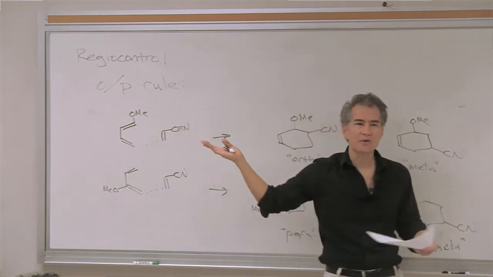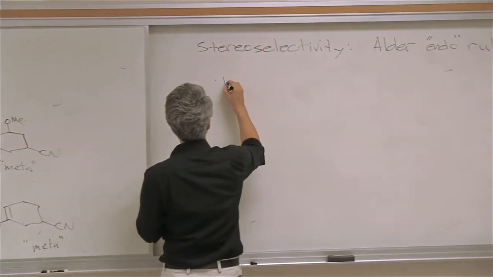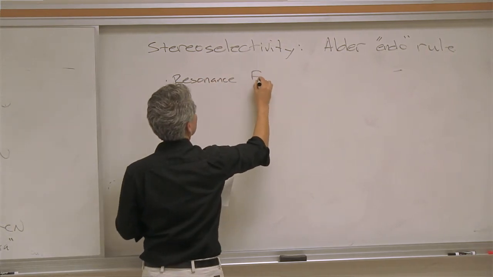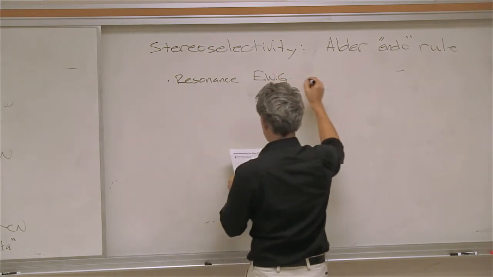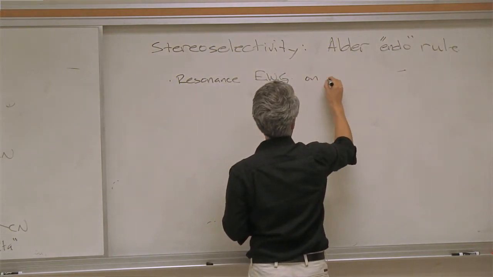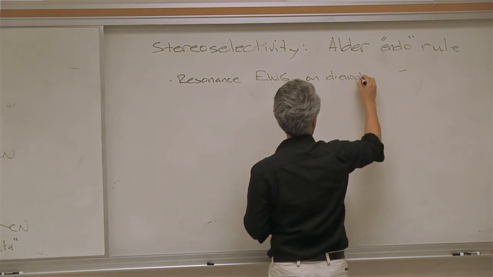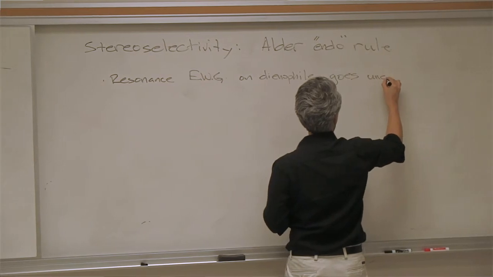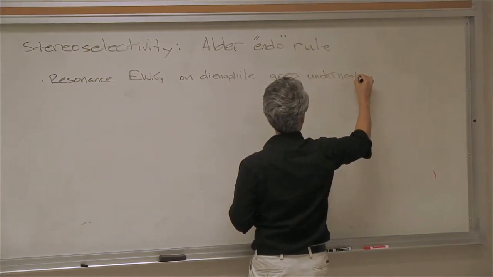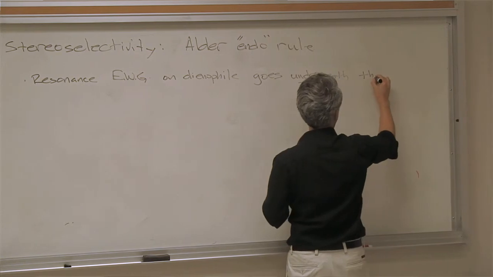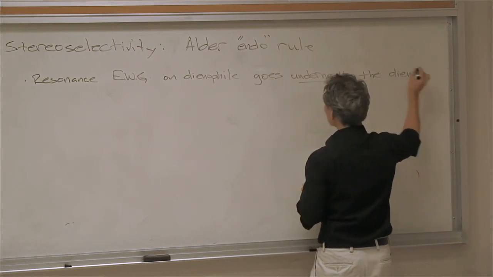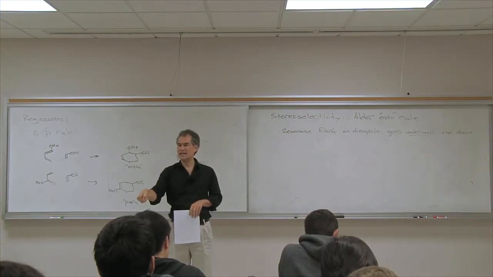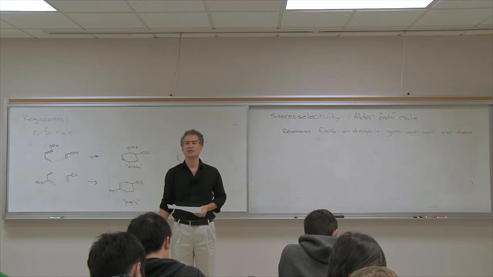That's when you get fast Diels-Alder reactions. So when you have a resonance electron withdrawing group on the dienophile, like a carbonyl or a nitrile, you'll find that in the transition state, it prefers to orient underneath the diene, even though that's more sterically hindered.